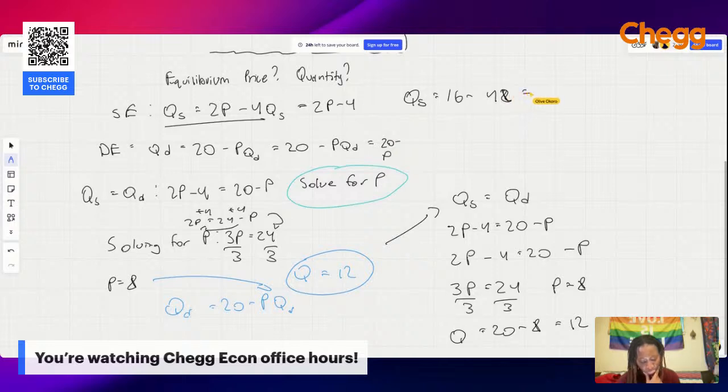And that's going to be negative 32 for quantity supplied. And for quantity demanded, just going to plug that in. We're going to get 20 minus P, and you already got that as 12. Great. Next question.